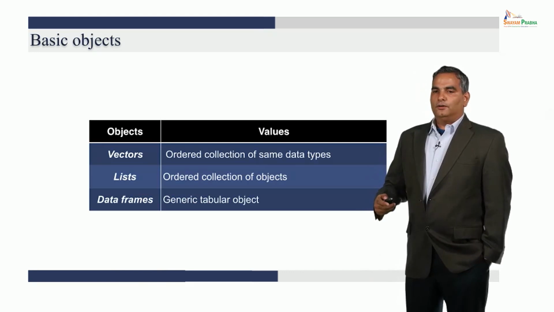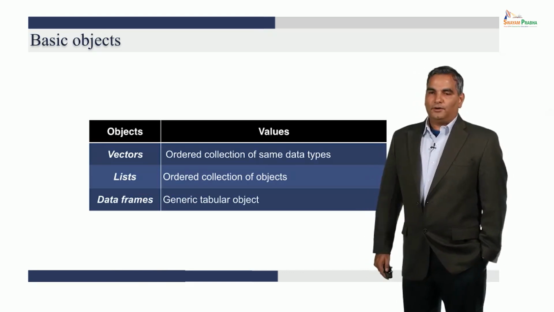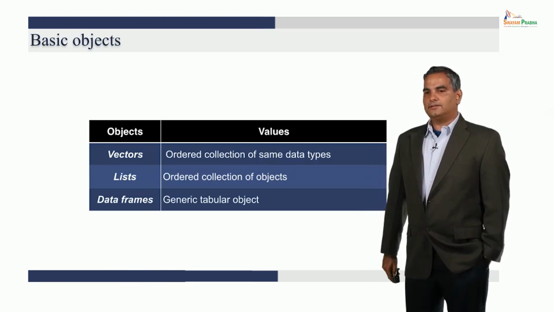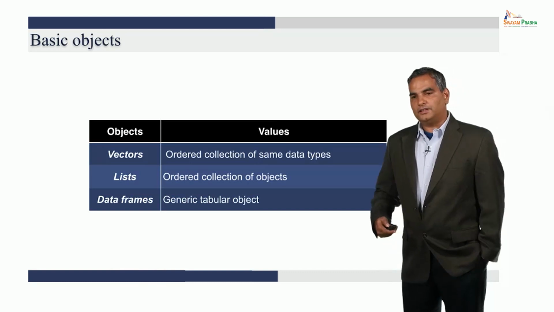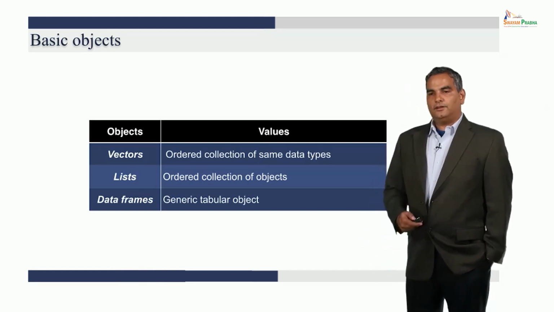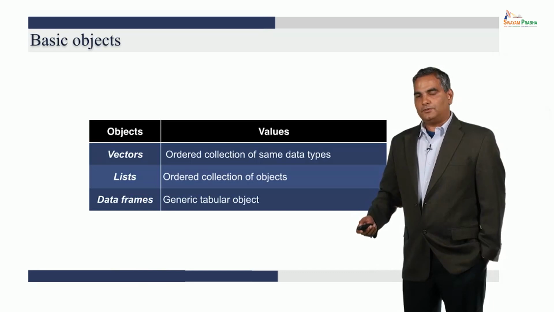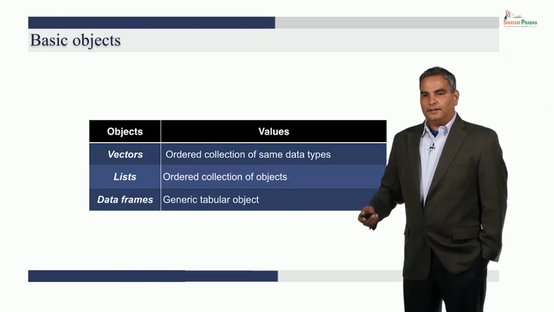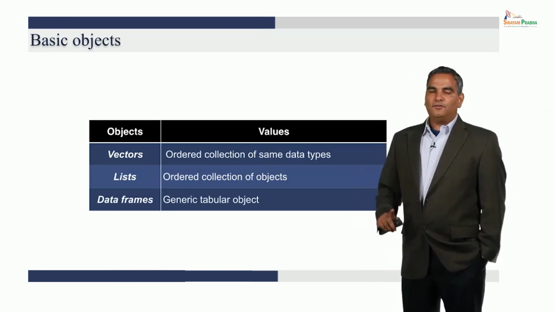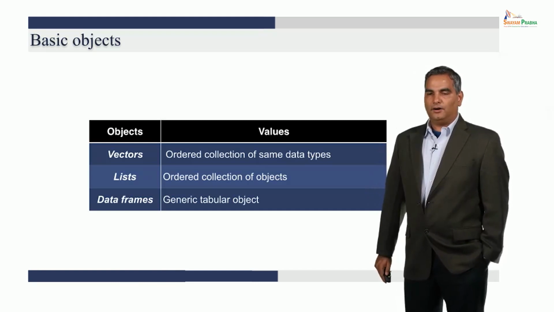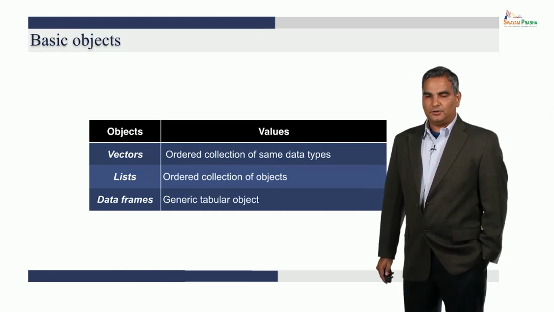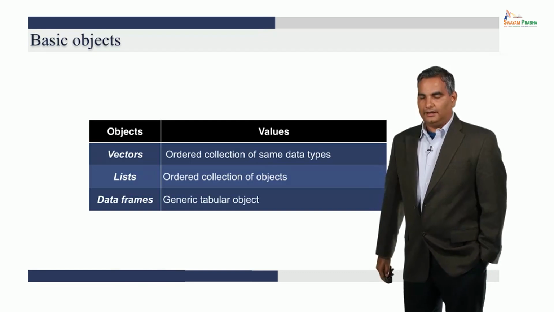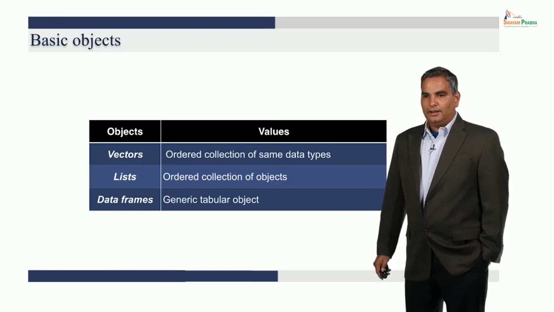If you want to go a little more complicated, you can define what are called lists. These lists are an ordered collection of objects themselves, and these objects could be of different types, and you can put them all in a list. One very interesting type of object in R is the data frame, which is used quite a bit in our data analytic algorithms.